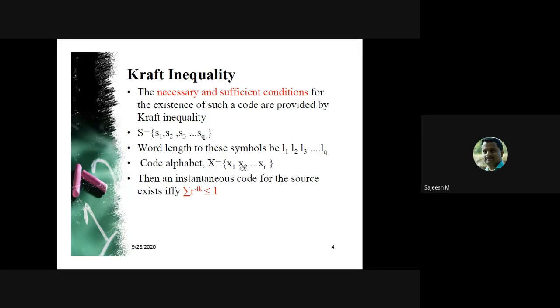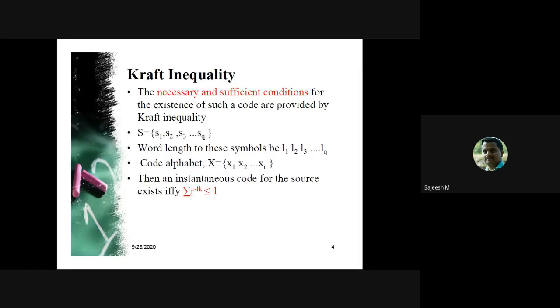Here, the source alphabet is S = {S1, S2, S3, ..., SQ}. That is, there are Q symbols in the source alphabet, Q symbols coming out of that source.